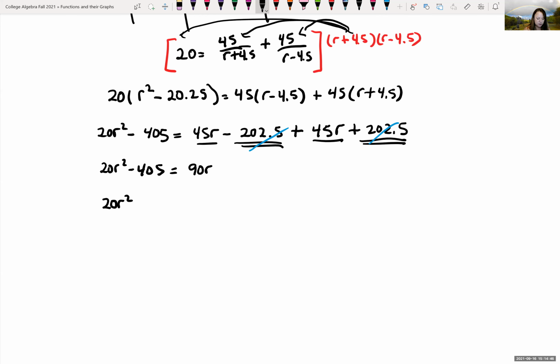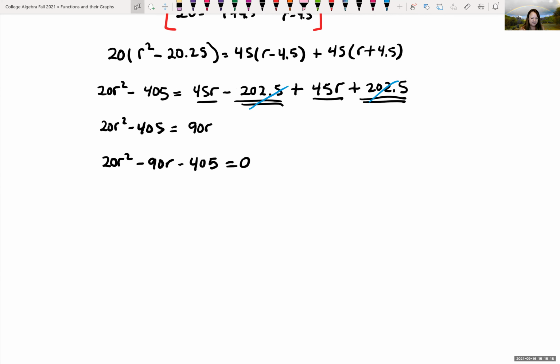Again, nothing is like terms, so I'm just going to rewrite it in descending order of powers. So I have 20r squared minus 90r minus 405 is equal to 0. I don't see how to factor that. I do notice that at least they have a 5 in common that I can pull out of all those terms, but I'm not sure if that's even going to help me very much to see what to factor, but I can try.